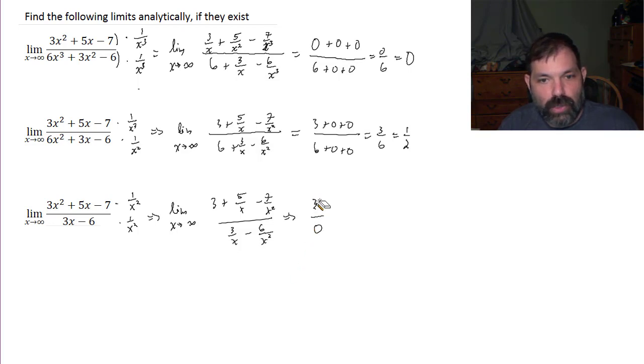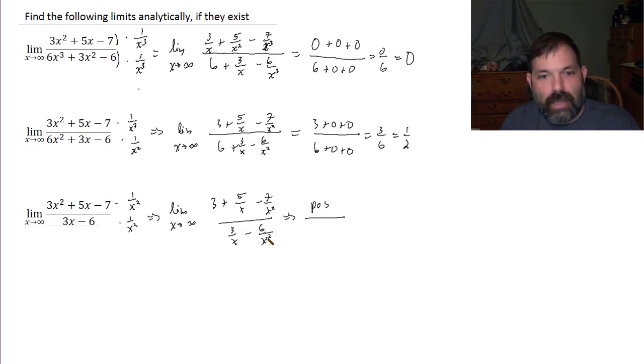We can't leave 3 over 0. What we need to do is decide what's happening here. Well, certainly the numerator is positive. And what's happening in the denominator? I have 3 over x, so that's going to approach 0 on the positive side, minus 6 over x squared. 6 over x squared is going to approach 0 on the positive side as well.